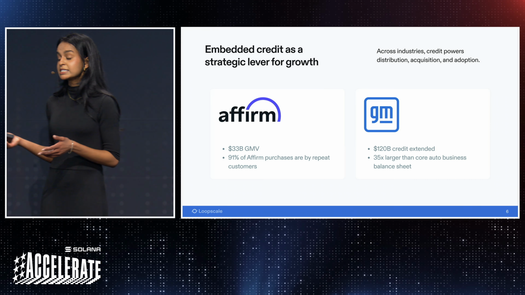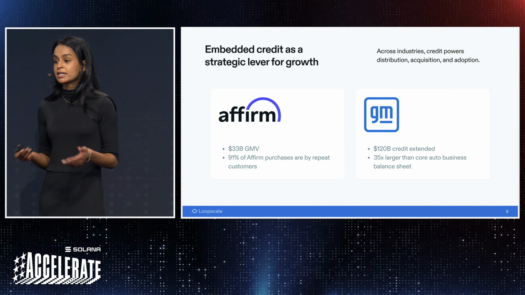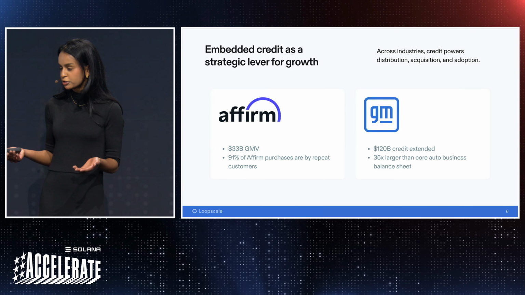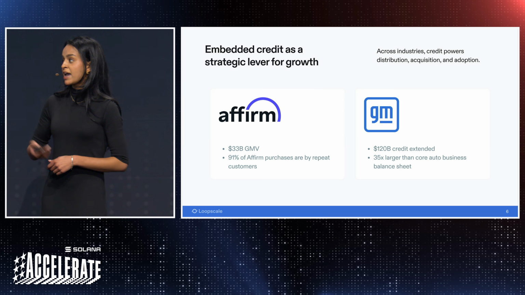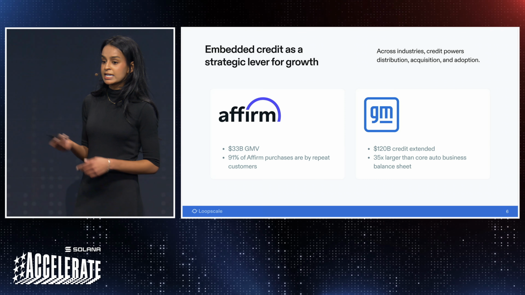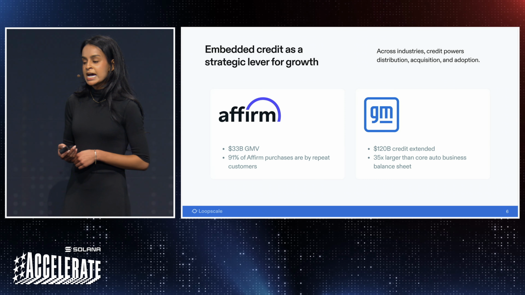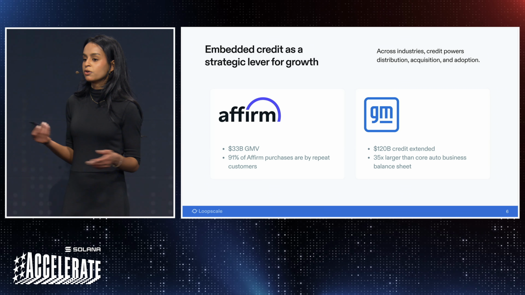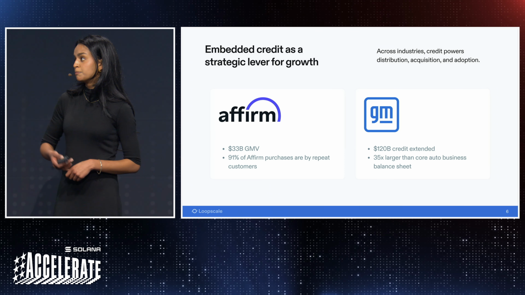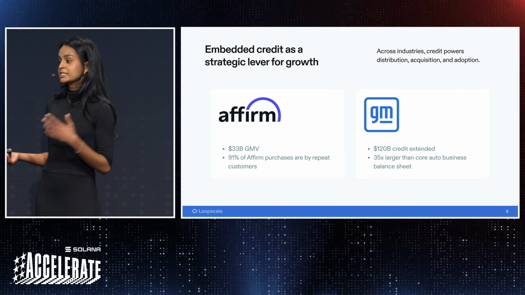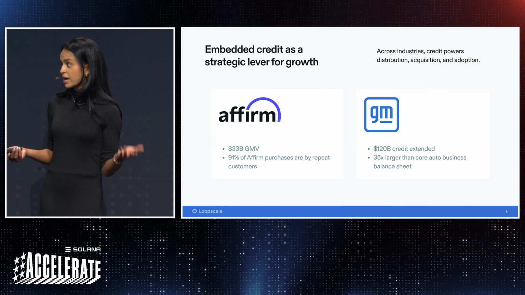A lesser-known example is GM, which has a credit line to fund car purchases or auto financing. They have over $120 billion of credit extended since launching this product. It's a dual revenue stream for them, as they're bolstering new car sales as well as profiting off of the credit business.